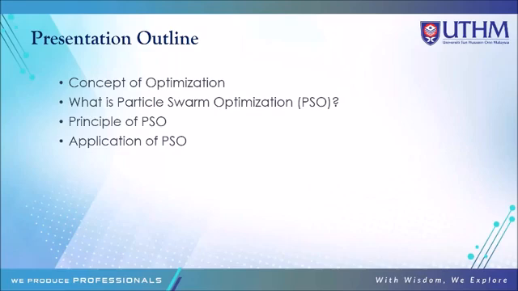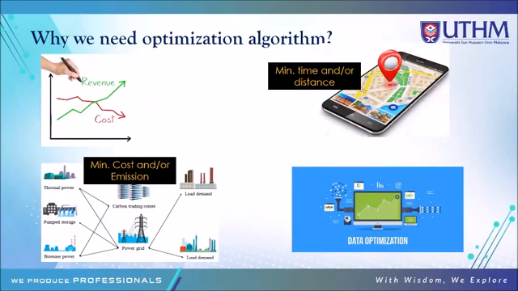First of all, when we're talking about optimization, why do we need to optimize our system? Why do we need an optimization algorithm? Of course, we have limited resources. For example, we try to reduce the operation cost of the system in order to enhance our revenue or profit.